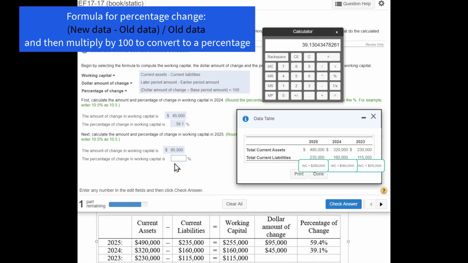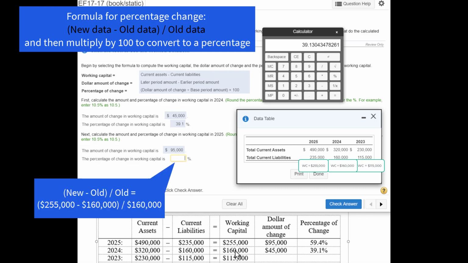And then finally, what is the percentage change? Well, working capital was 160,000. It increased to 255,000, so we're going to do new minus old: 255,000 minus the previous year, 160,000, which is the amount of change, 95,000, divided by old, the previous year, which was 160,000.